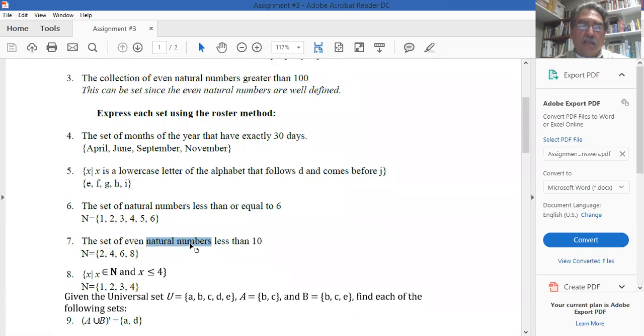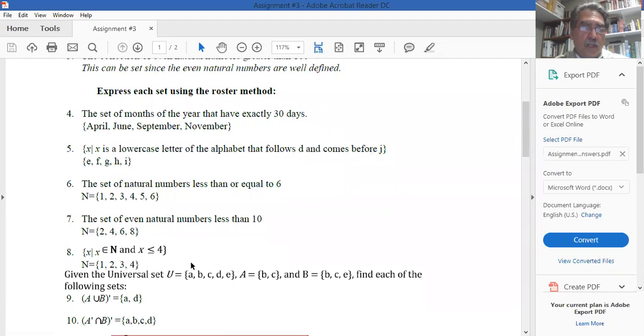Remember the definition of a natural number. Number 8 says a set of X where X is a natural number and it's less than or equal to 4. X is less than or equal to 4, so it includes 4, but then it goes down, 3, 2, and 1. All right?